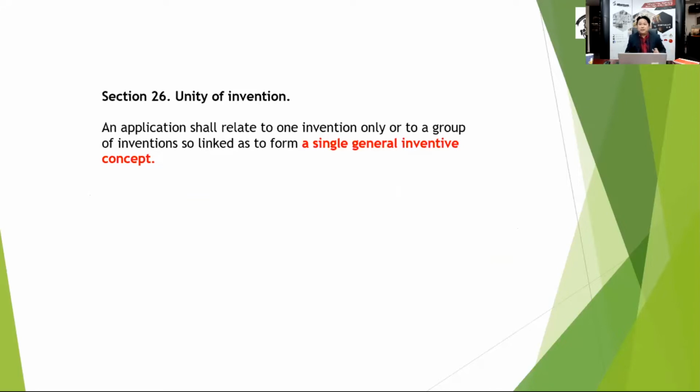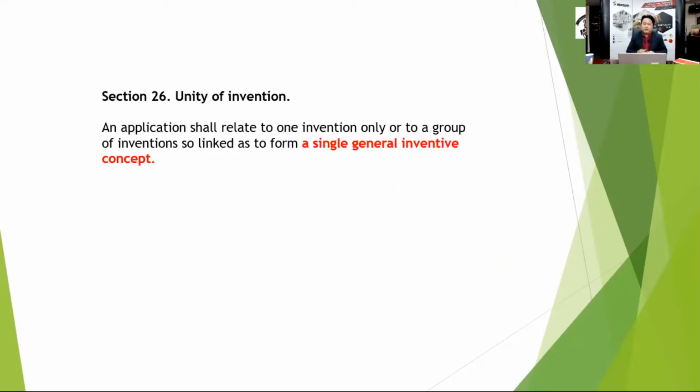Most important of all, I know a lot of people want to save costs and put 2 or 3 inventions into one patent application. Can you do that? Under Section 26, unity of invention.